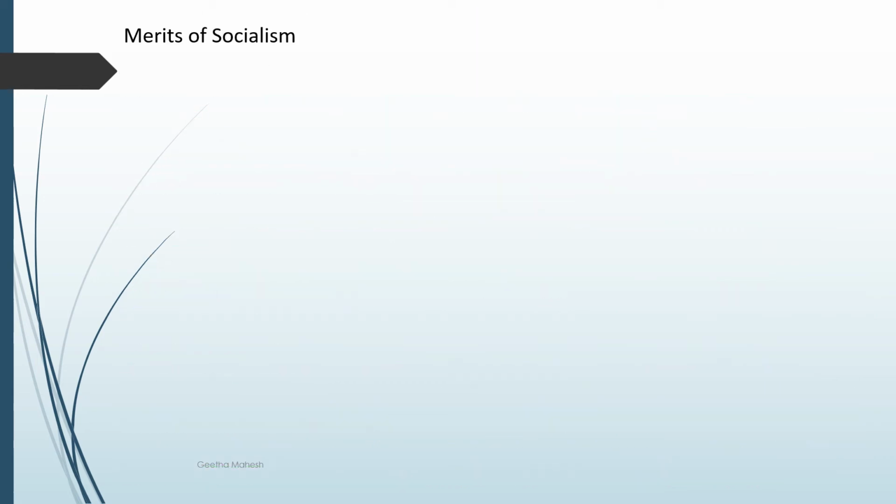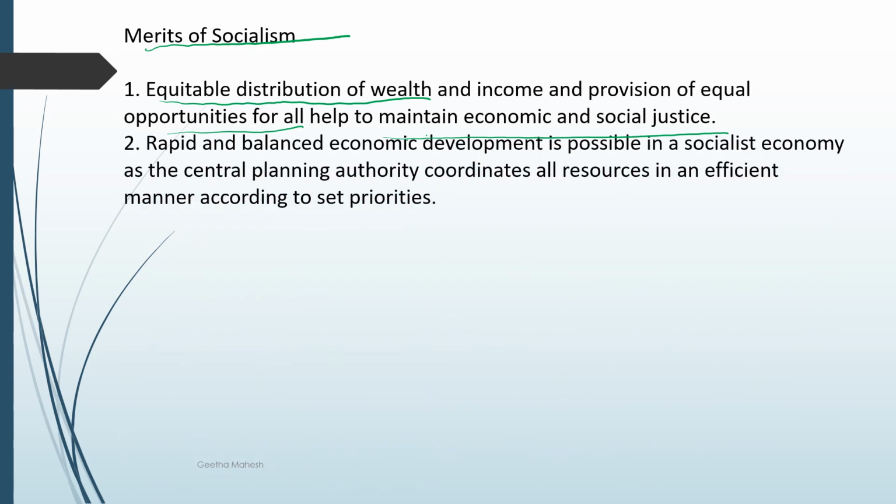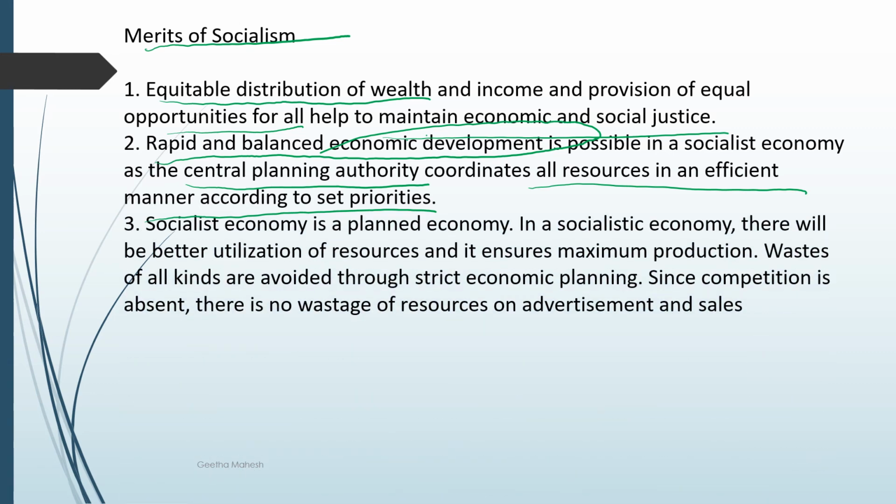Now let us discuss the merits of socialism. There will be an equitable distribution of wealth and income, and the provision of equal opportunity for all helps to maintain socio-economic justice. Rapid and balanced economic development is possible, as there will be a central planning authority which is going to allocate resources efficiently according to the socio-economic priorities set by it.